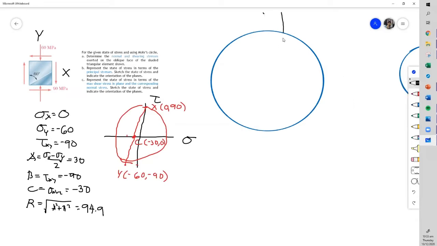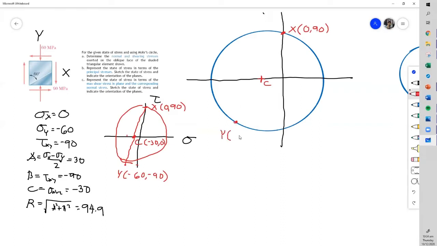So, gawa lang tayo ng yan, coordinate axis. So, sabi natin, ito si point X kung saan mag-reach, which is at 0, 90. And then point Y, center muna. So, sabi natin dito yung center. Ito ko lang ng diameter, tatamaan mo na si point Y. This is at negative 60, negative 90. Okay? So first, we need to plot yung 60-degree plane. So drawing lang natin yung point nito.